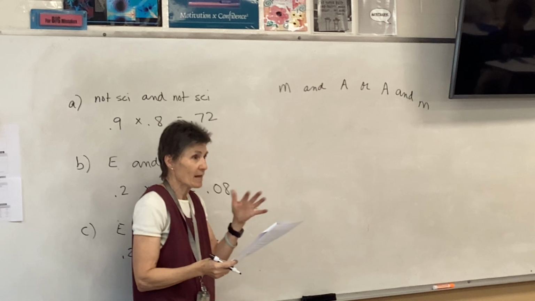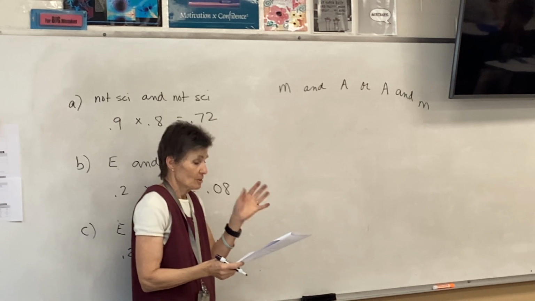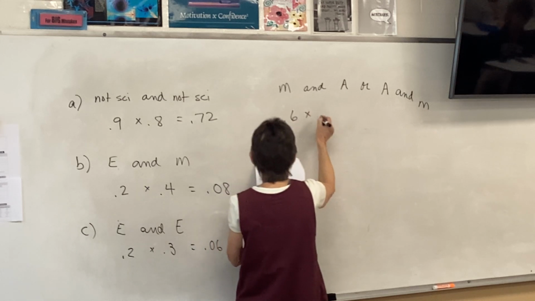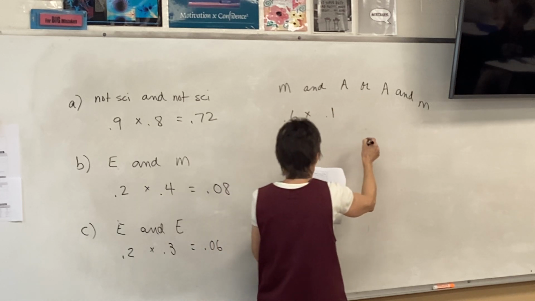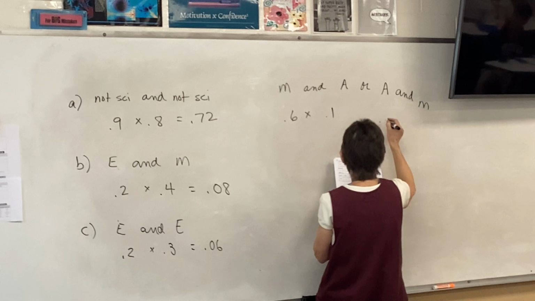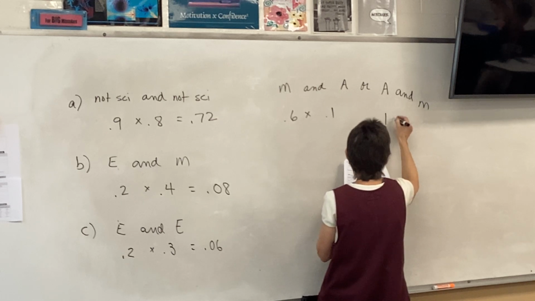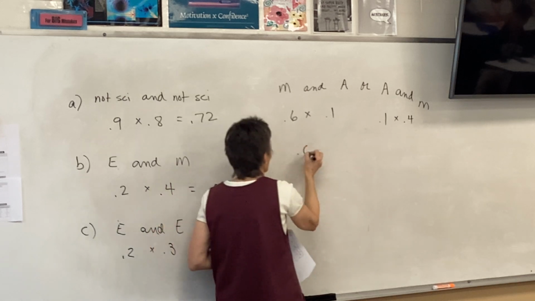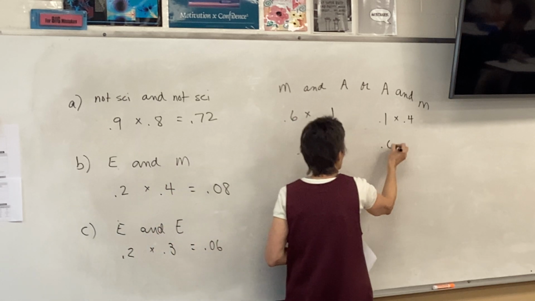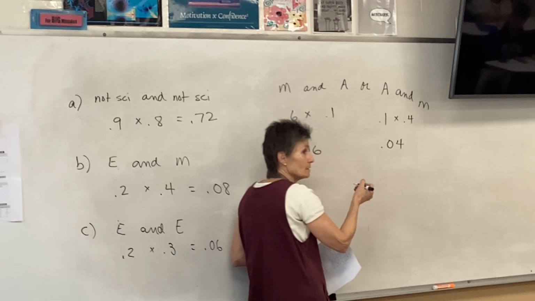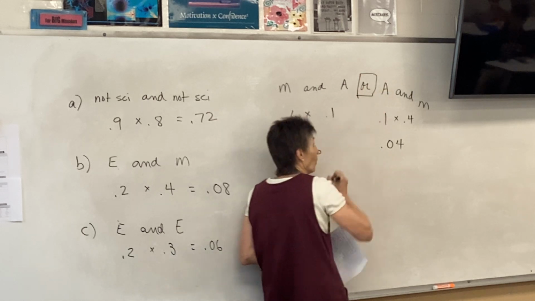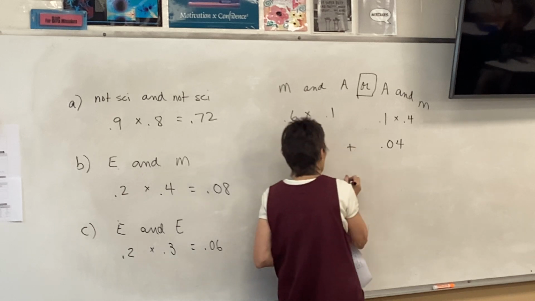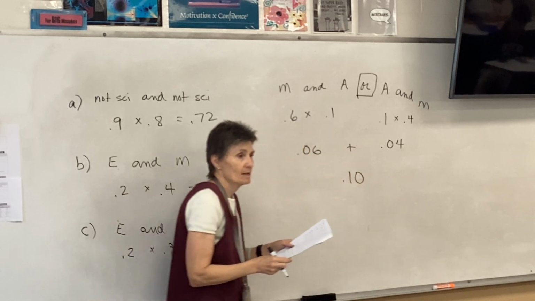Does everyone understand that from the problem? So math and art, or art and math. So 0.06, 0.04, and since it's one or the other, what do I do with those numbers? Add them. So your answer is 0.10.